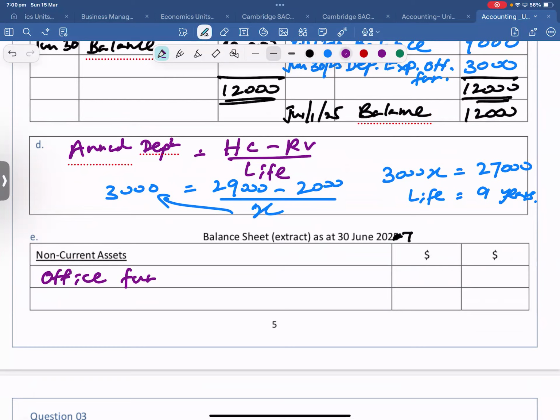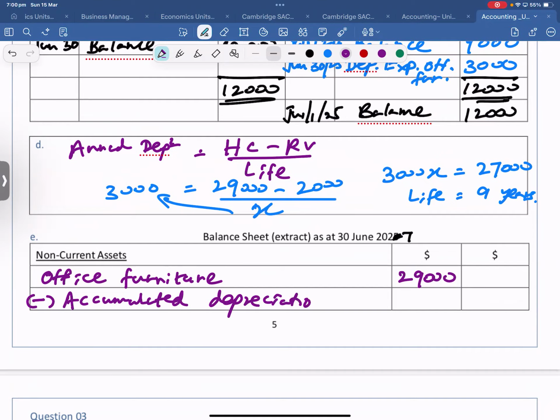Office furniture. How much is the historical cost? 29,000. Then plus accumulated depreciation. How much? 18,000.